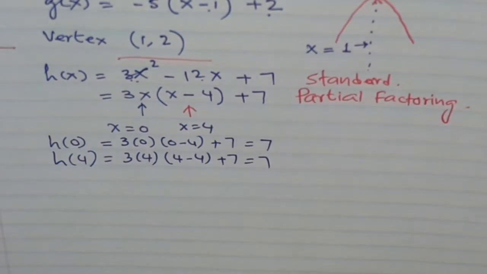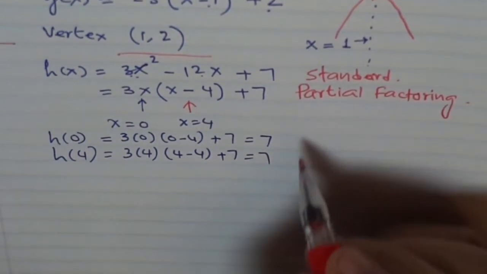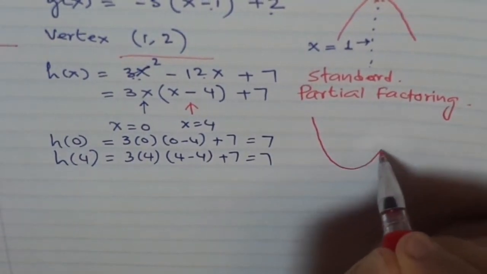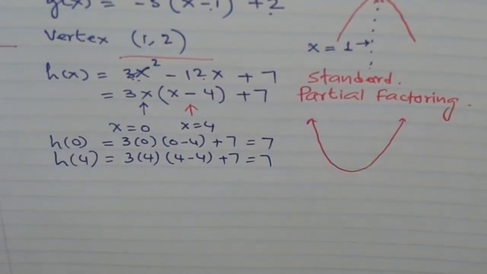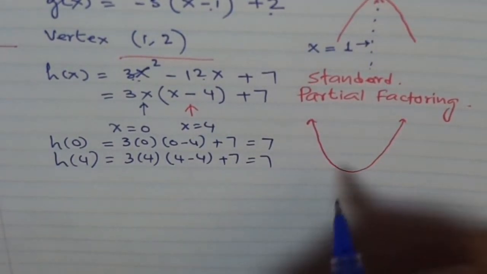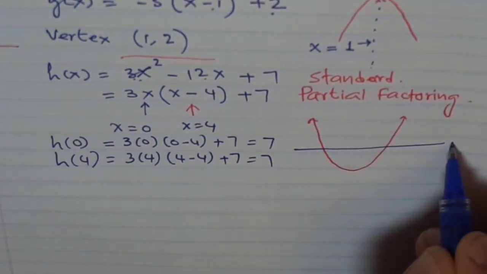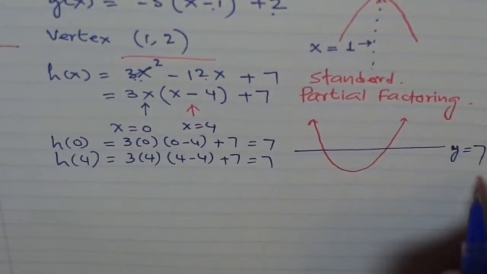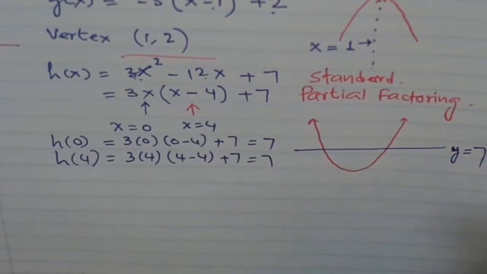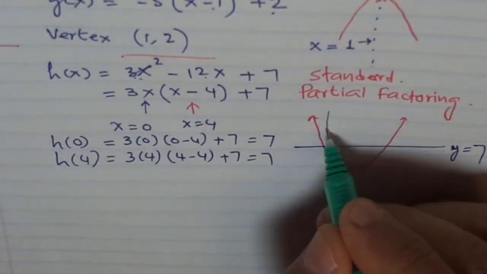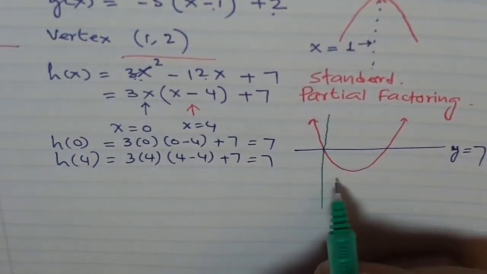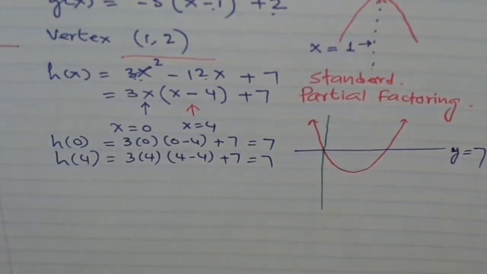So what has happened here is that we have a parabola here, right? And this is my line. Let's say this is my line, which is y equals 7. Okay? So we say this is my x-axis, correct?